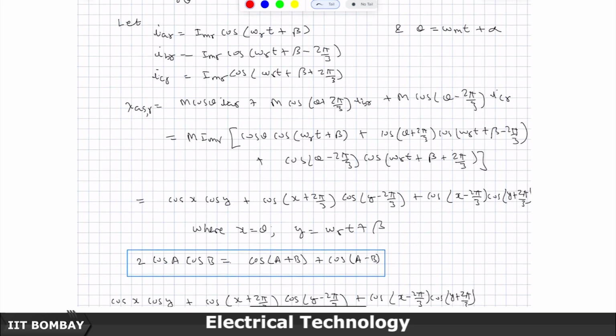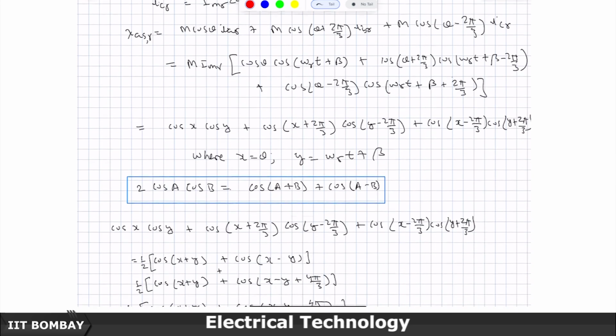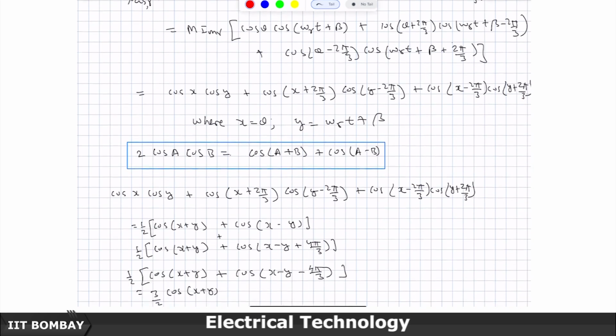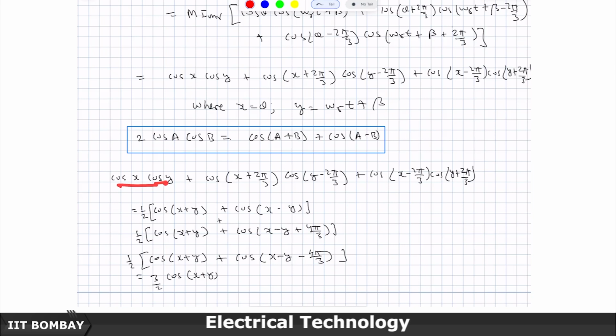So, this is the summation, and if you look at it, you can show that it expands to 3 by 2 cos of x plus y. How? Because 2 cos a cos b is cos of a plus b plus cos of a minus b.